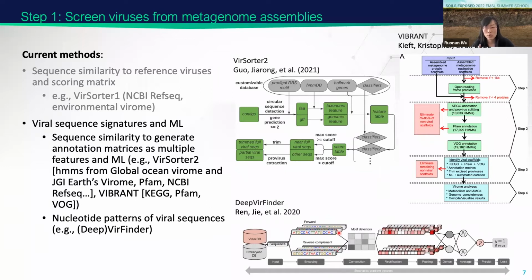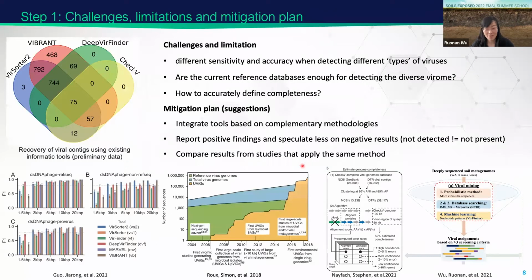The different machine learning tools listed here can access different viral features or signatures to retrieve more viral sequences from the metagenome assemblies. All these tools I mentioned are widely used and well-recognized for screening viral contigs from metagenome assemblies. But sometimes more is not always better.